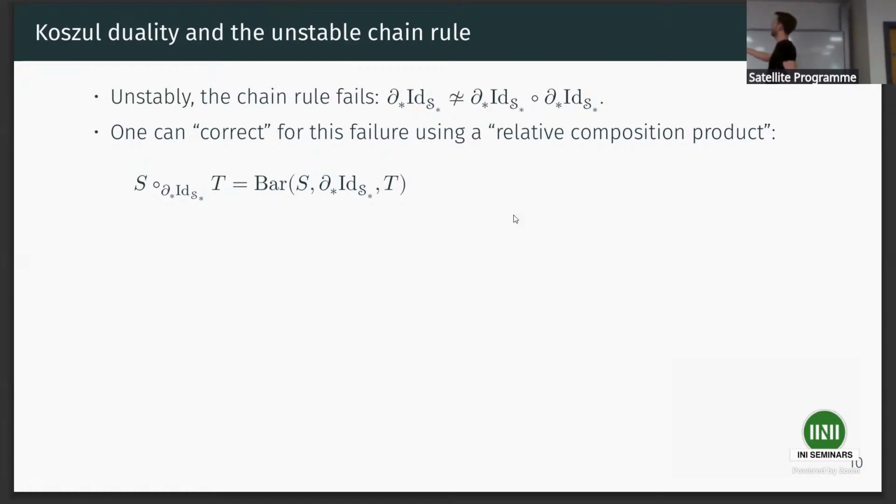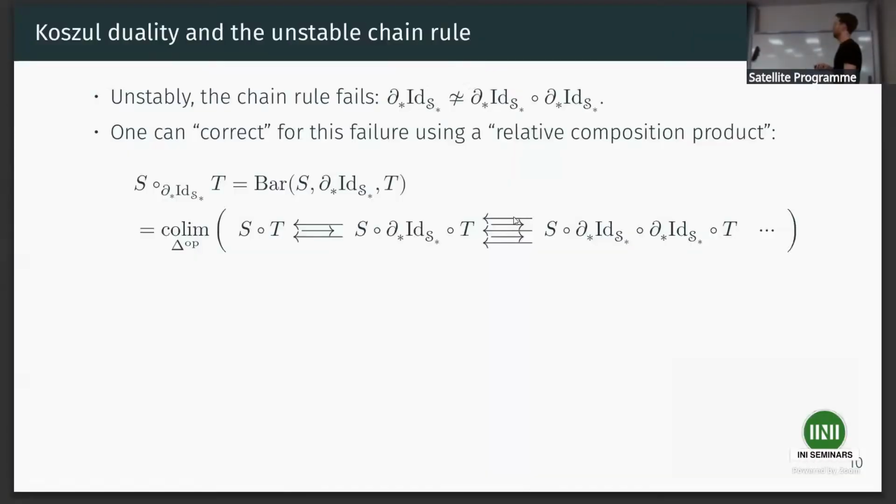If you have the derivatives of the identity and you have a left and right module over it, you can define this bar construction, which is a version of the relative tensor product. And explicitly, it's some geometric realization of this type. And if we do this, then at least this problem here goes away. We've just literally defined it away.